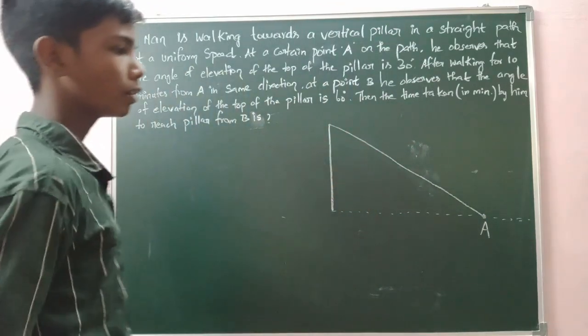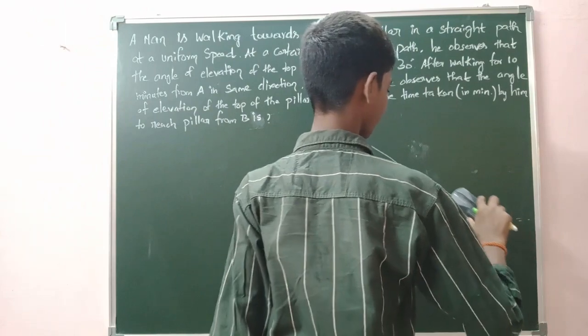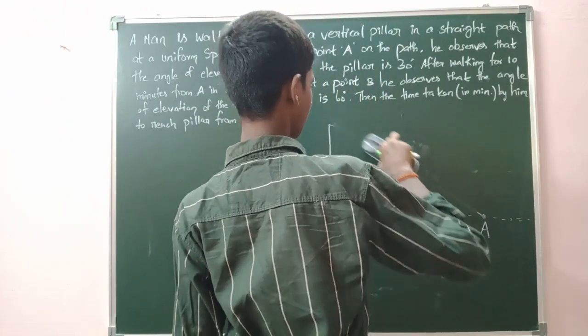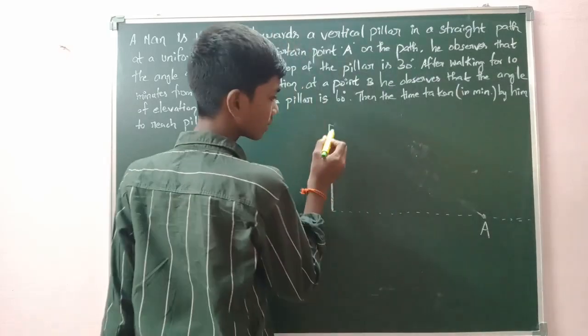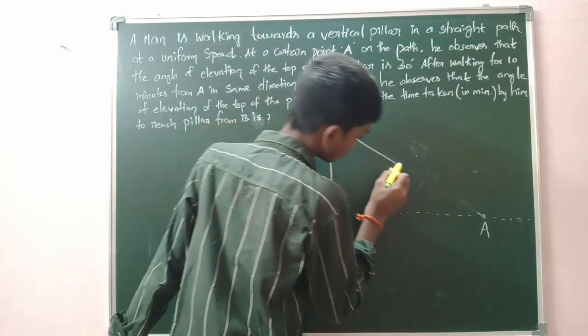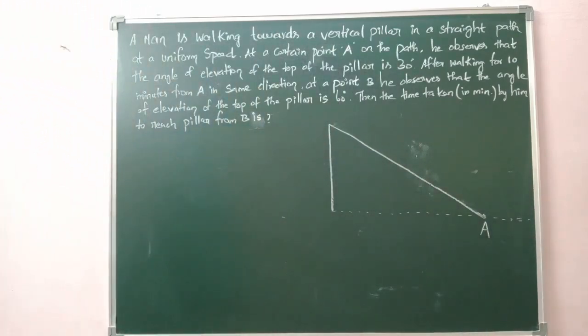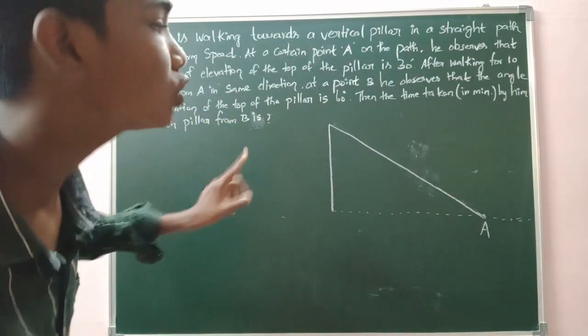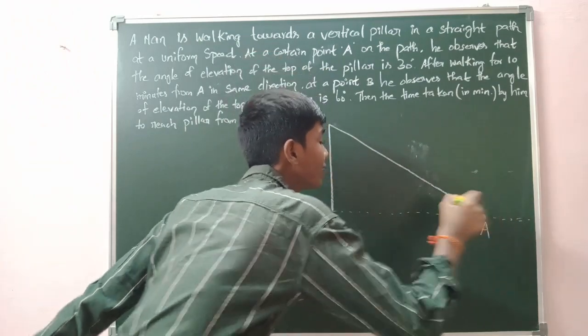Let me draw it a little straighter. So this is how the line of sight looks for that particular man standing at point A.